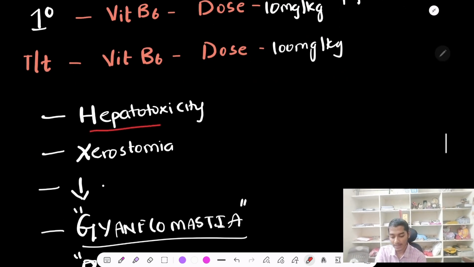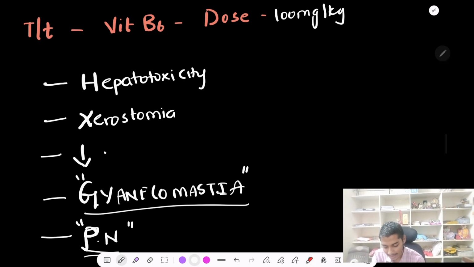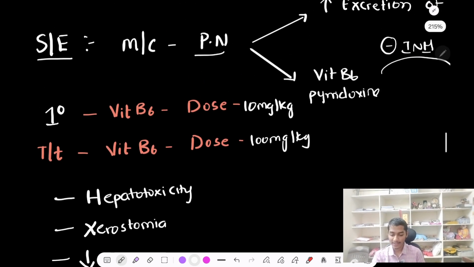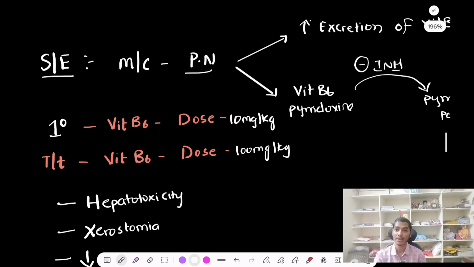It is associated with hepatotoxicity, xerostomia, and also gynecomastia and peripheral neuropathy. These are the side effects of isoniazid, right?